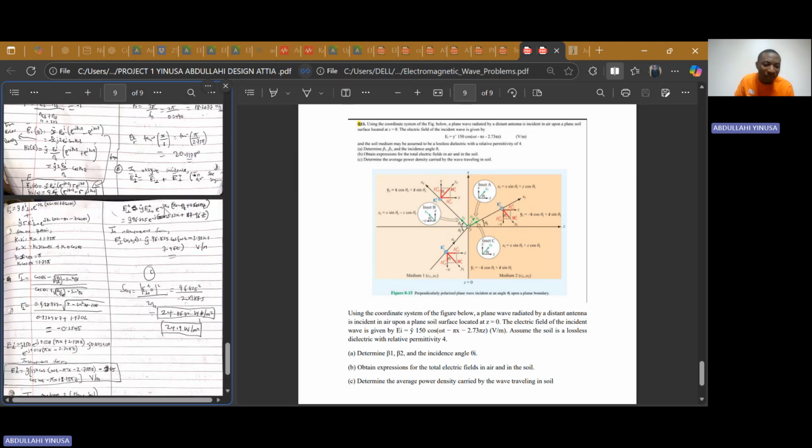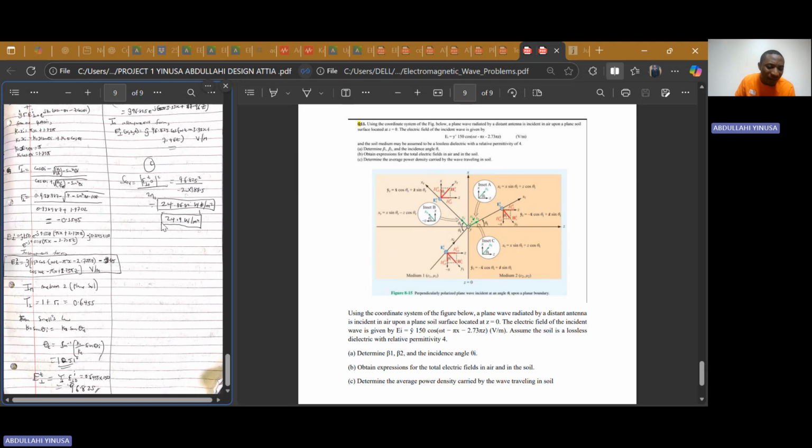Then we can get the magnitude of the transmitted field, which equals E naught i, which was given to be 150, multiplied by the transmission coefficient. It was calculated to be 0.645 here. So we can get E there.